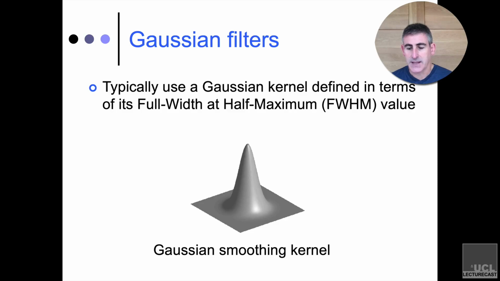That is to say, if you measure the maximum height and go halfway down it, what's the width of the curve at that point? That's the full width at half maximum. But there's a one-to-one transformation between that and standard deviation. So if you prefer standard deviations as a measure of a Gaussian curve, you can convert between them. However, all of the software and all of the papers will report everything in terms of full width half maximum. So it's a little bit counterintuitive if you grew up using standard deviation instead. They're not the same, but you can map between them.